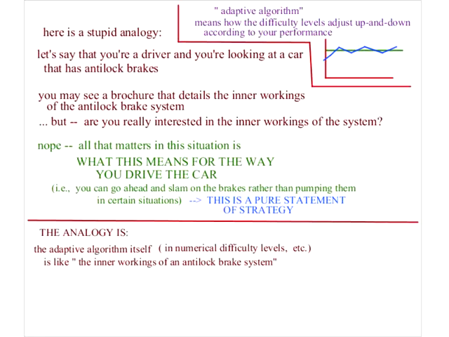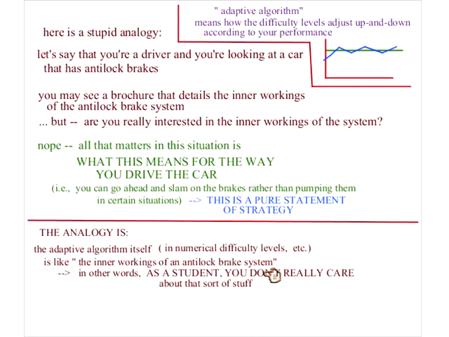In other words, as a student, you don't really care about that sort of stuff. This is going to be a very surprising statement to a lot of you out there, but as a student, you shouldn't really care about the adaptive algorithm itself unless you write exams.